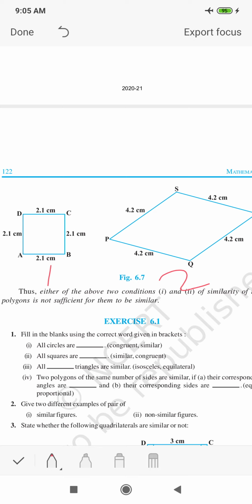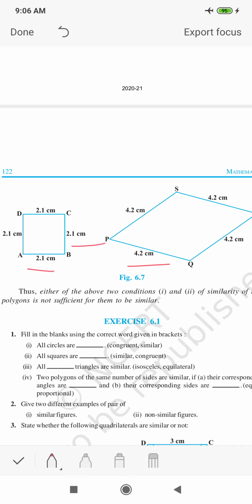No. Why not? Because angle A is 90 degrees, but angle P is not 90 degrees; angle B is 90 degrees, but angle Q is also not 90 degrees. So here you can say that these two figures are not similar. Even though, if you observe their sides, AB is 2.1 and PQ is 4.2, so PQ is double AB.